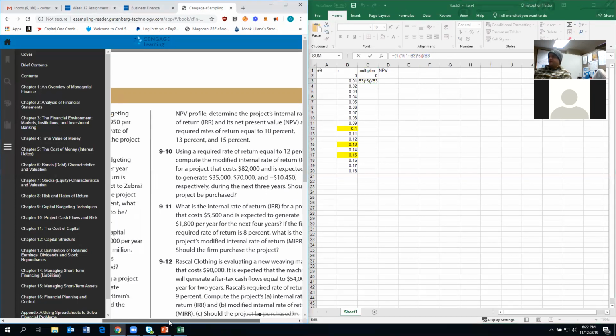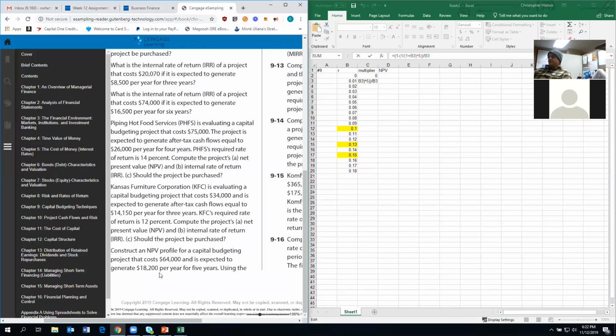So all of these are going to be 5 years because that's stated right here, per year for the next 5 years. And then divided by your rate. So you can use this as a placeholder. So if I were to hit enter, it shows this. And then you can drag that down all the way because it's taken into account its accompanying percentage. And that's just for your multiplier for net present value.